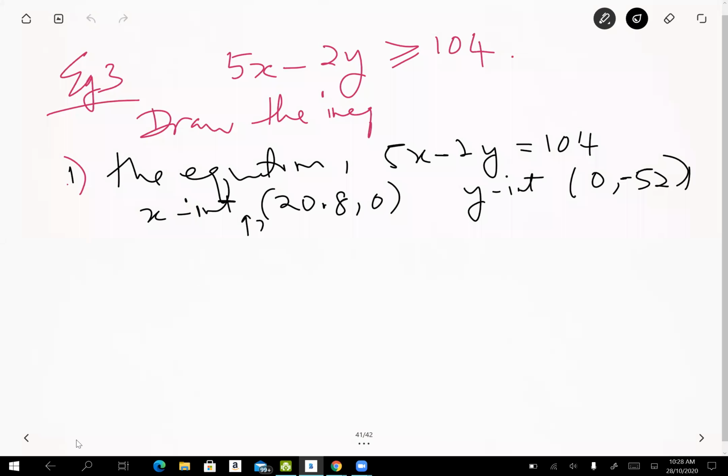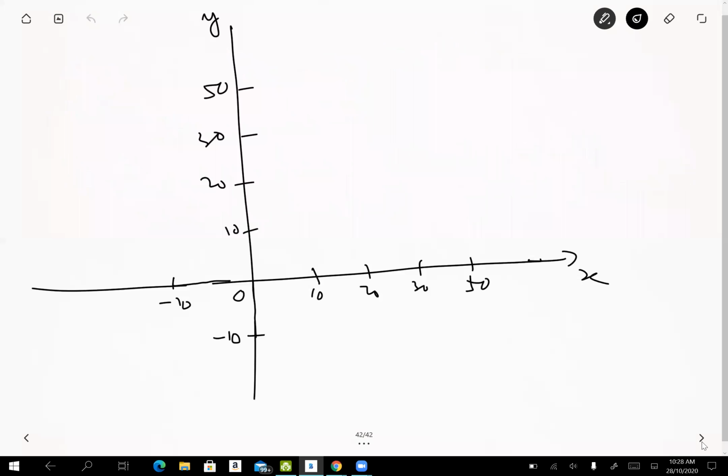So for that y, I need to redraw my graph. I don't have enough space for the negative. So we need more space on the negative side.